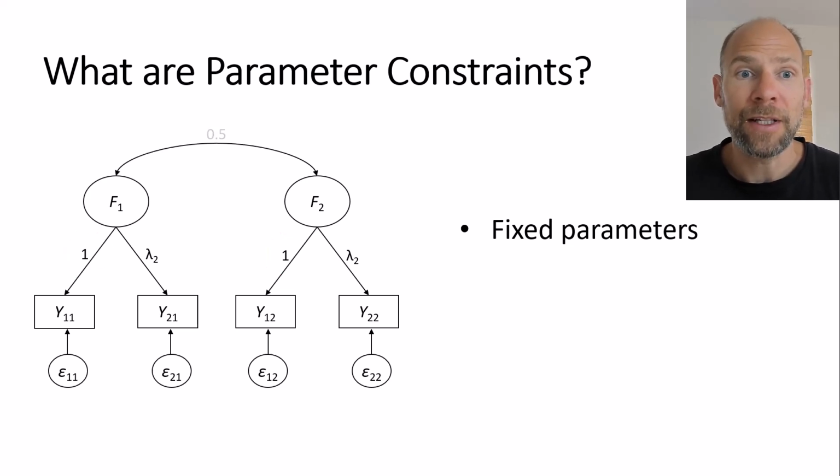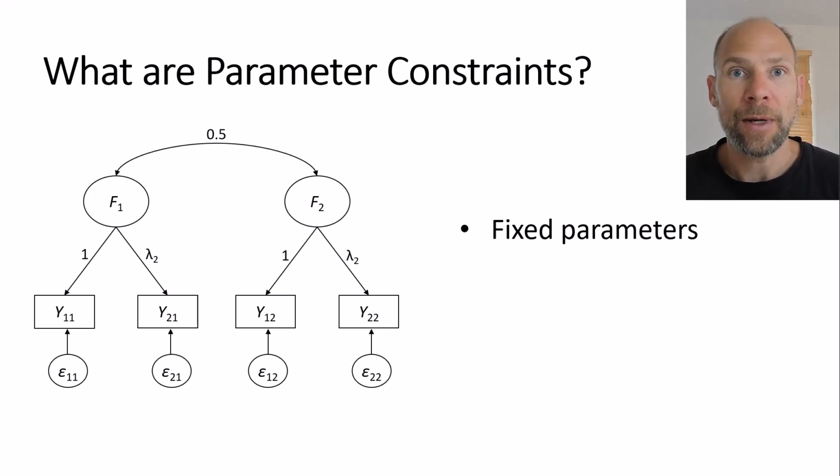Another example of a fixed parameter is less technical, so to say, but rather hypothesis driven, in terms of us wanting to test a specific hypothesis. One hypothesis, for example, could be that the covariance between factor F1 and factor F2 in this model is 0.5 in the population. We might have a specific hypothesis about that, maybe from prior research, or we want to test whether in a given sample we find the same correlation or covariance that was found previously in a different population.